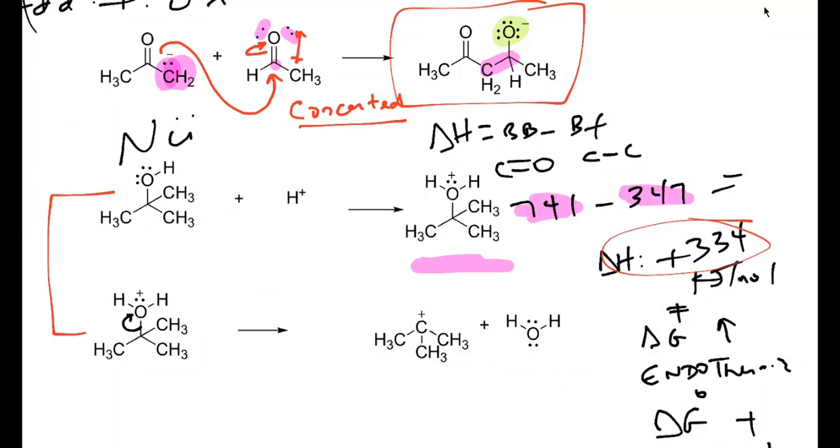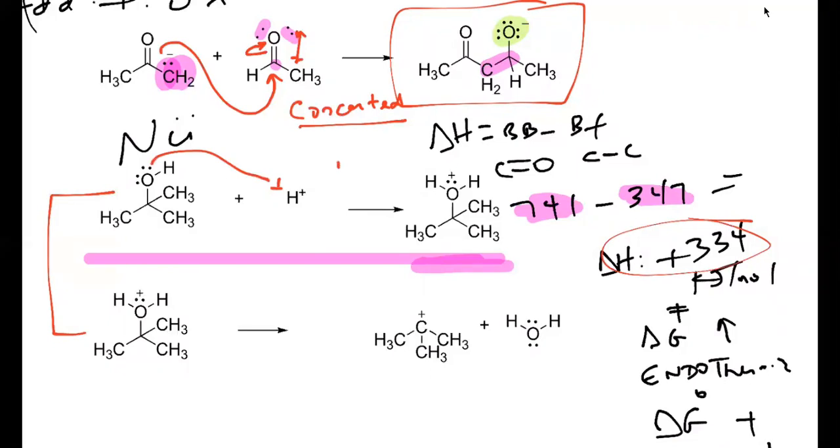The bond is broken between carbon and oxygen, in this top example right here? The lone pair from oxygen is transferred to hydrogen. Okay, what do we call that? Proton transfer.